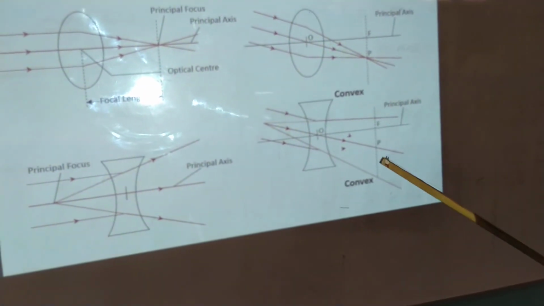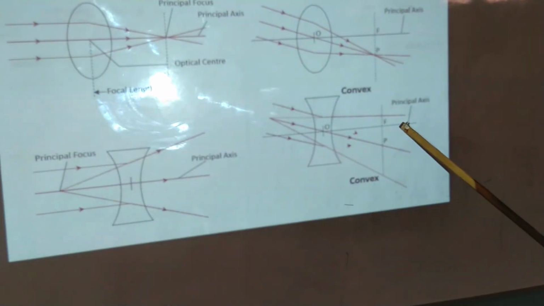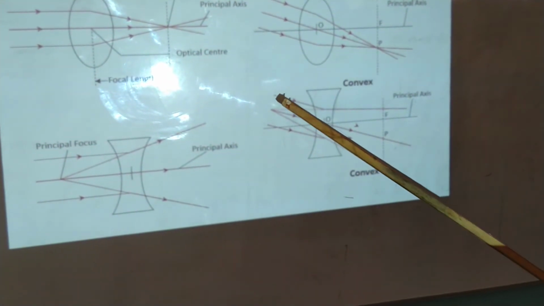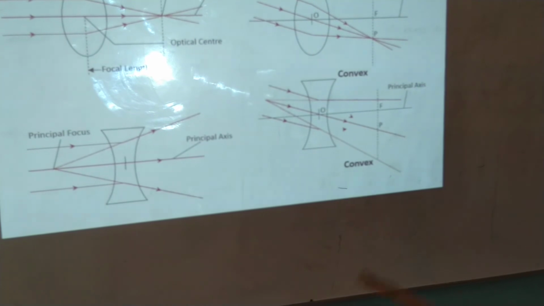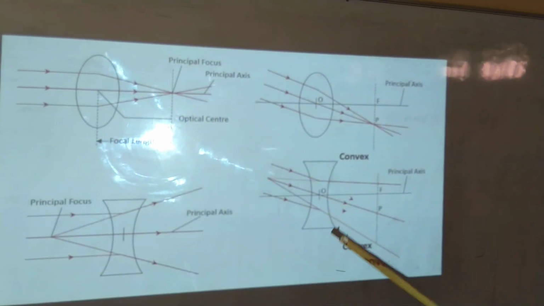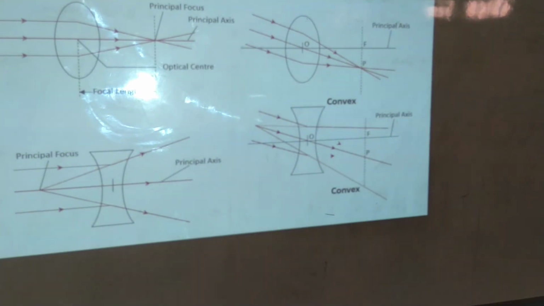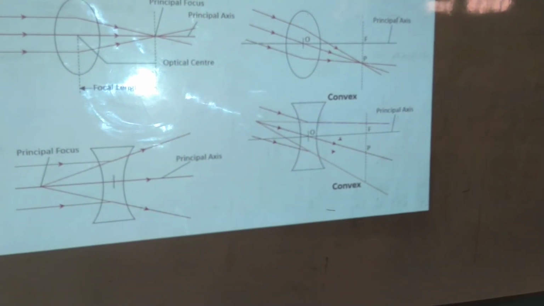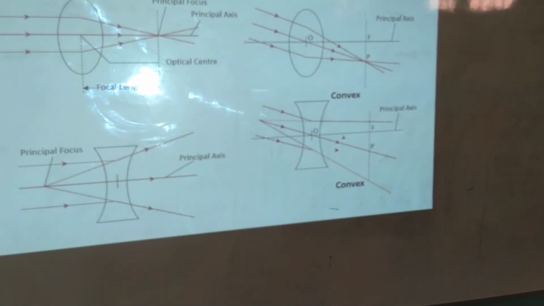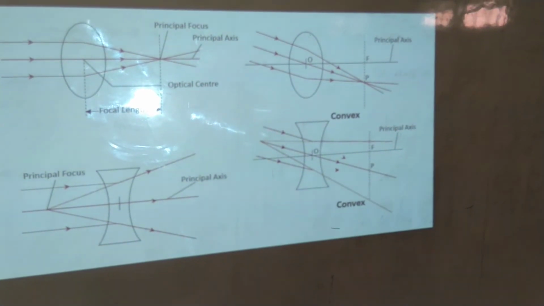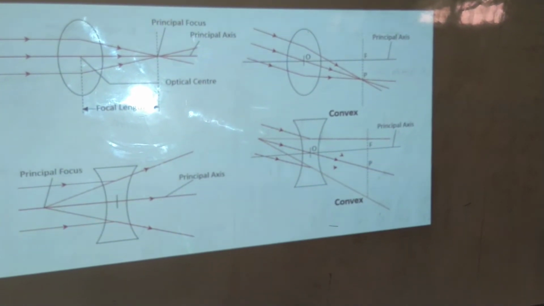Then we have again the same principal axis, but this time with different rays approaching the concave lens at that angle. So these are some of the points expressed diagrammatically of the principal focus and the focal length of both the convex and the concave lenses.